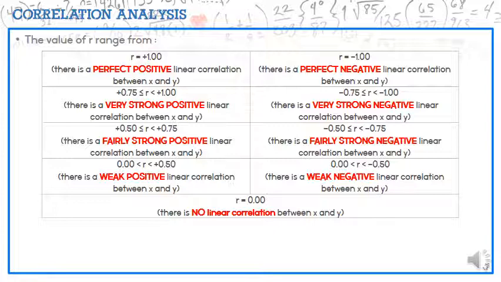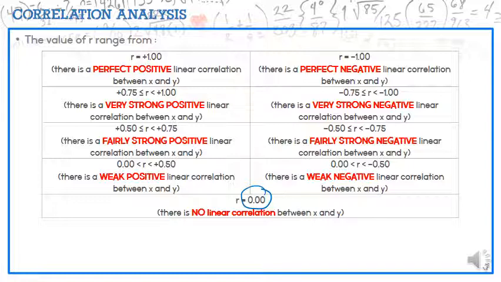If you have R equal to 0, it means that there is no linear correlation between X and Y. So the interpretation is still the same for R equal to negative 1 or negative 0.5 to less than negative 1. The only difference is that if positive was a positive correlation, now it is a negative relationship.